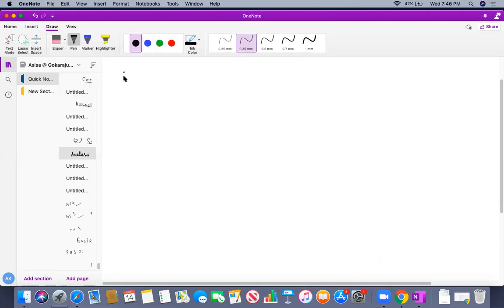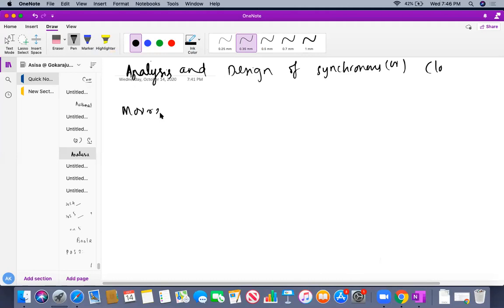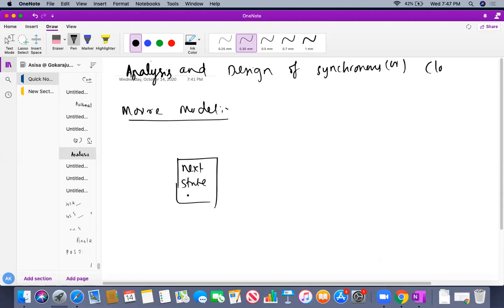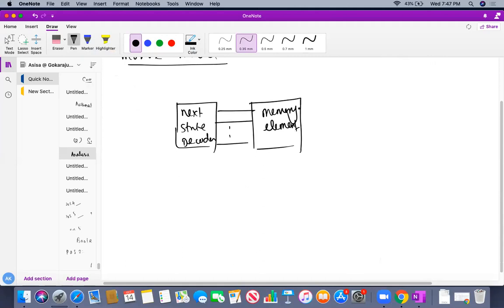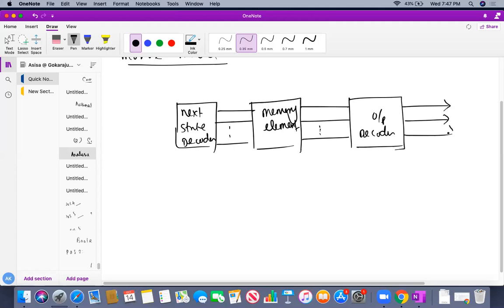So the Moore model, or Moore circuit, how does it look? The circuit has a next state decoder, which has a few memory elements, then the output decoder, and it has outputs like this.